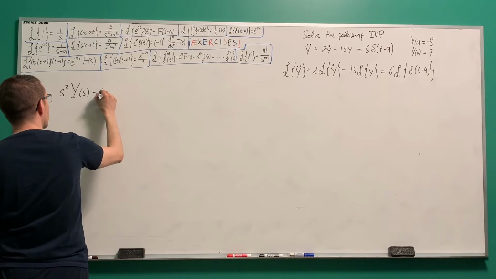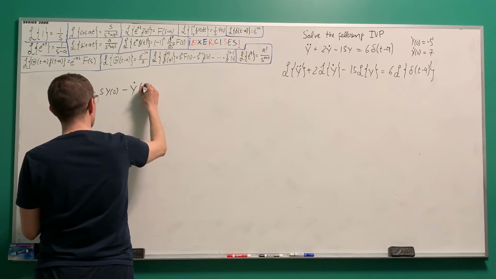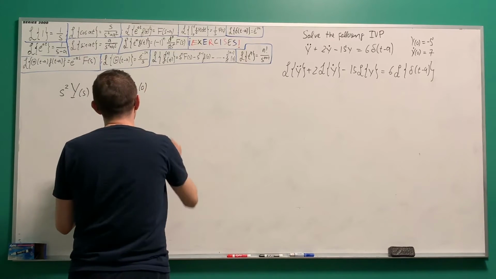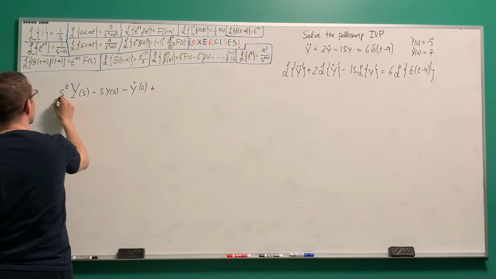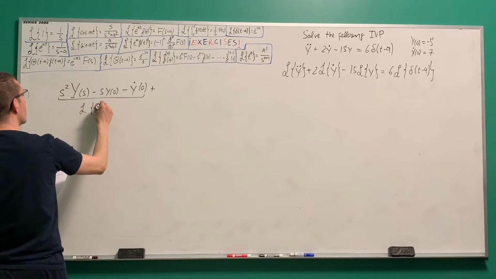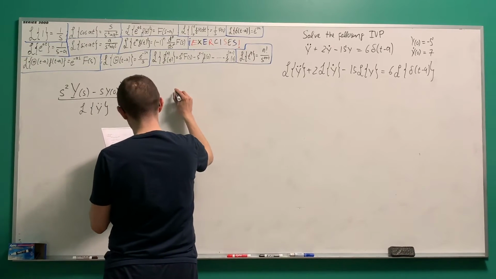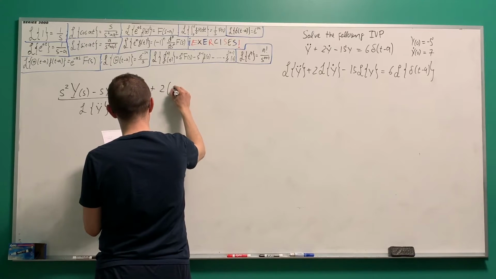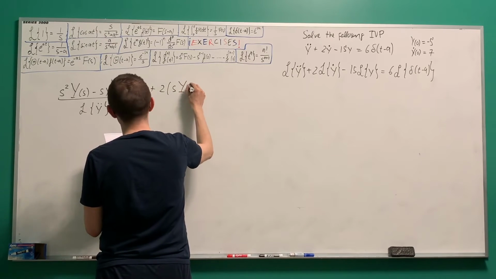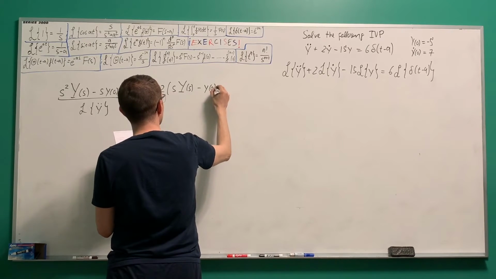Minus s times small y of 0, minus y dot of 0. Plus, now 2 times s capital Y of s minus small y of 0.